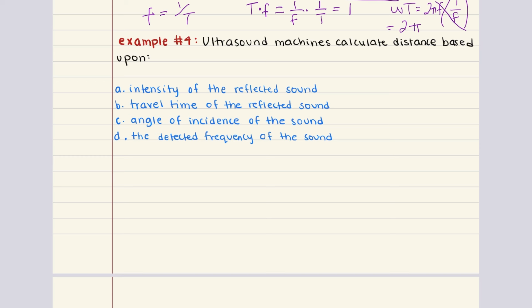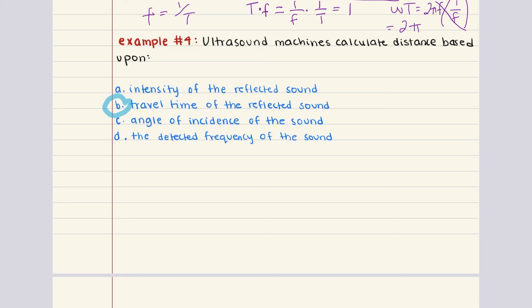The ultrasound machine emits a pulse, and that wave travels until it hits a boundary like the edge of an organ, where some of that sound is reflected back. The machine then measures how long it took for the echo to return. So all things considered, the correct answer is going to be B, travel time of the reflected sound.